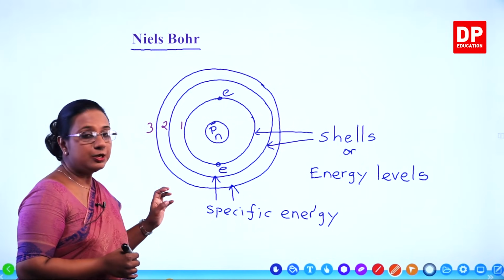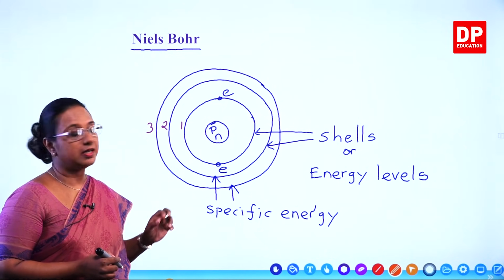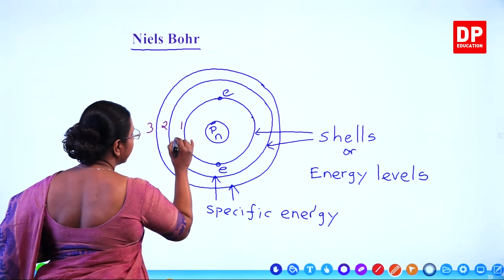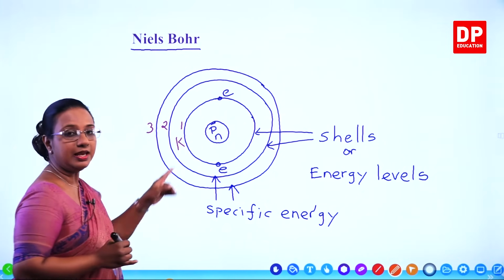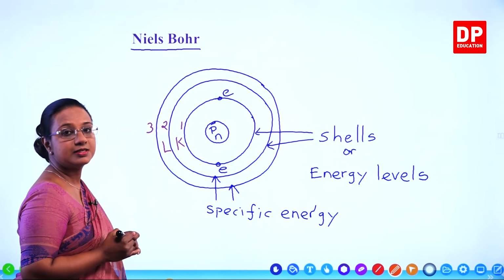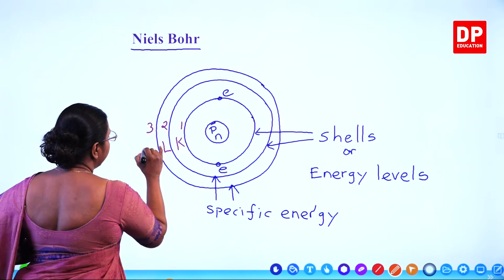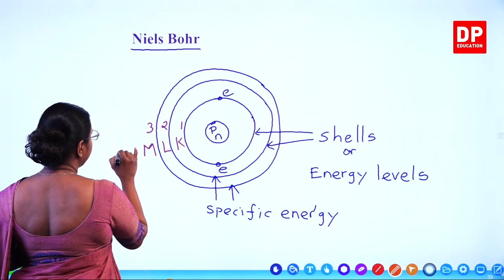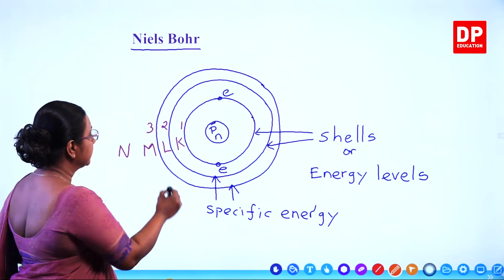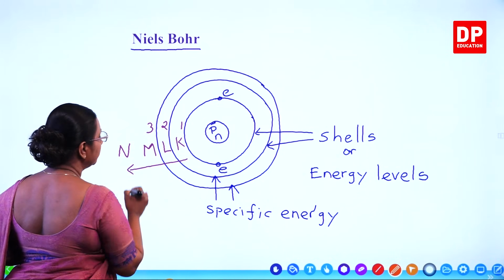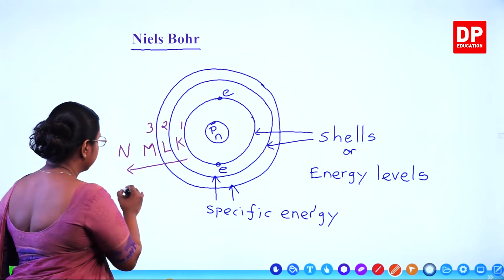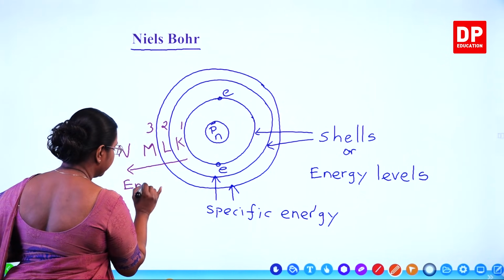Similarly, we can use English alphabets to name these shells, and it starts with K. Capital K is the first shell and capital L is the second shell. M is the third one, and if we had a fourth shell, it would be N. And starting from 1 to 4, 5, 6 and also K, L, M, N, the energy increases.